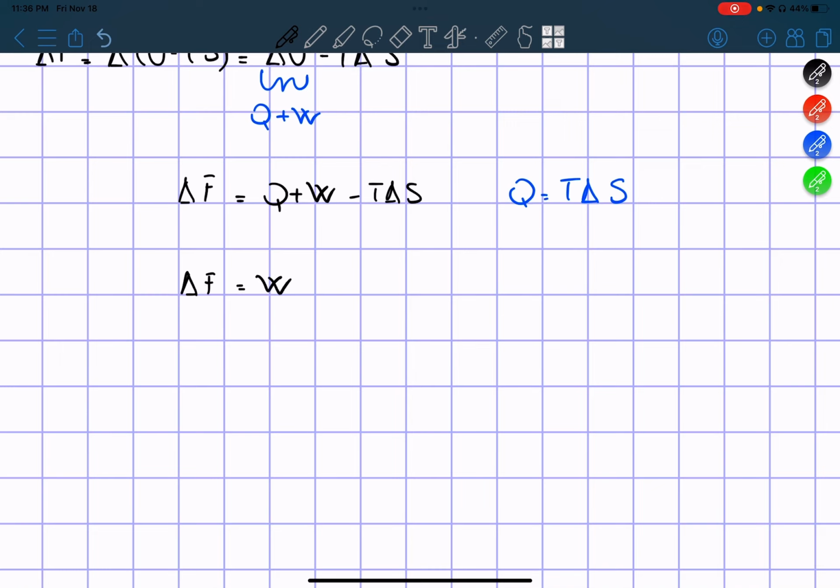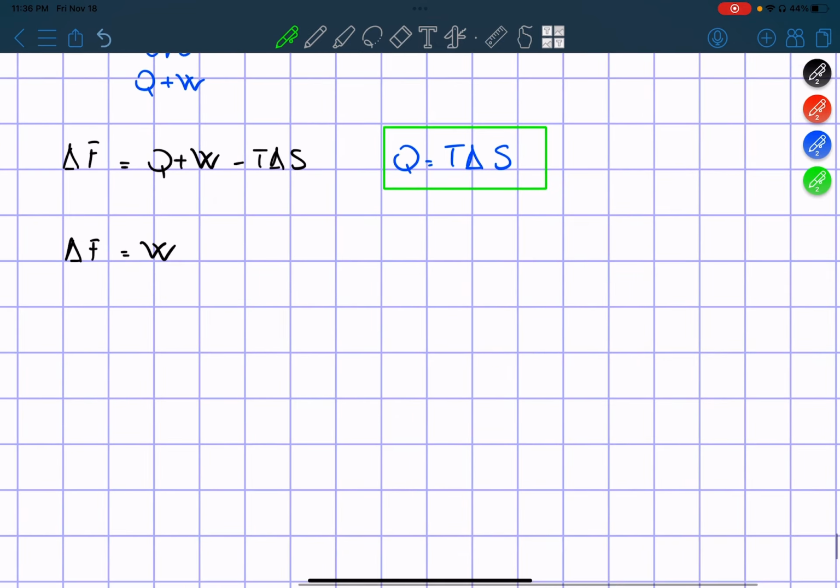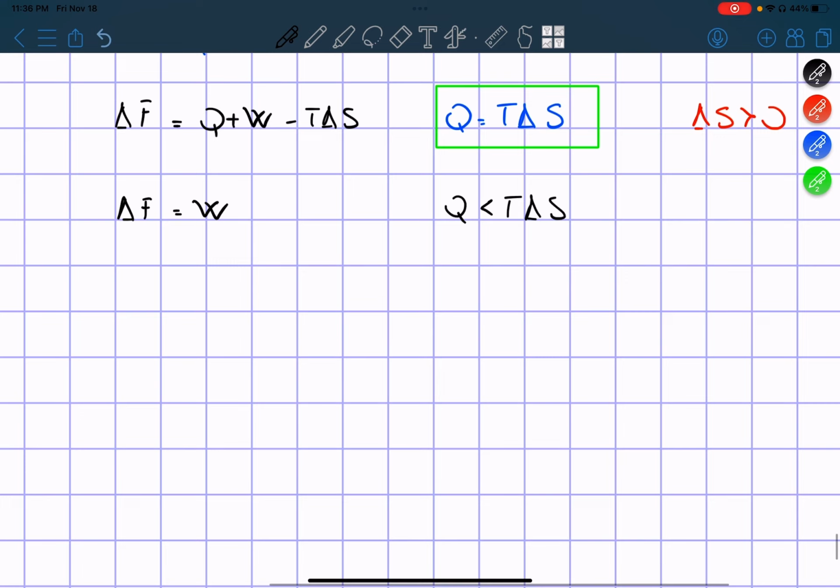However, this relationship that we wrote right here is not always true. Since we know that we're always going to create some entropy, so delta entropy is greater than 0, then Q will be less than T times delta S, and therefore our delta F will be less than or equal to work.